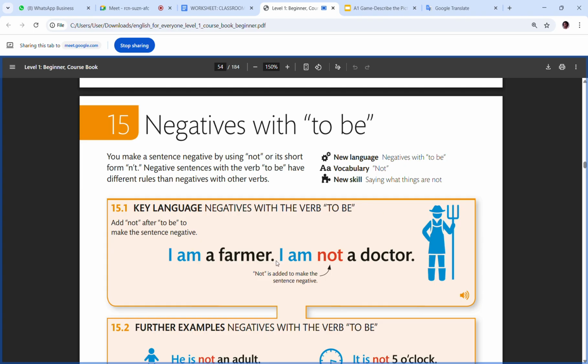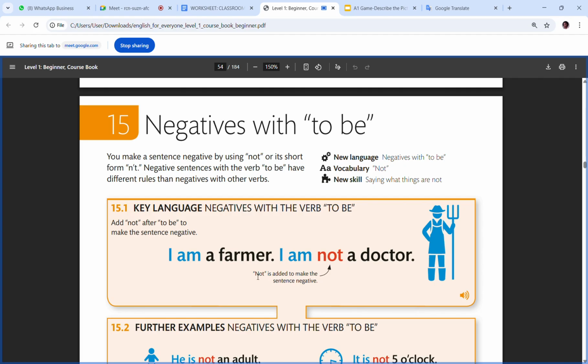But when you say the opposite, right? You say, I am a student. I am not, I'm not a doctor, right? So then you are saying the opposite, okay?